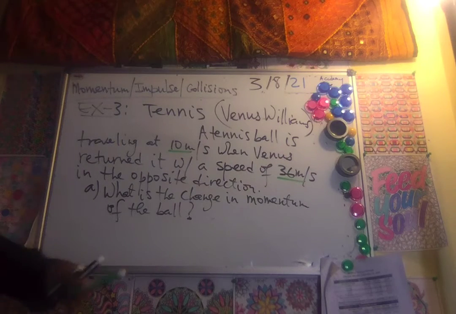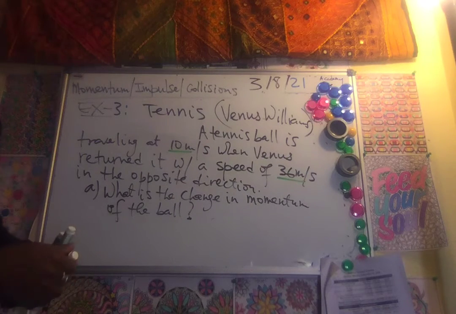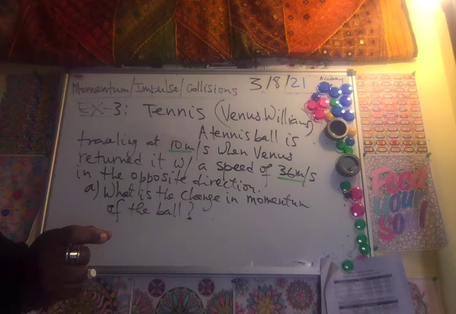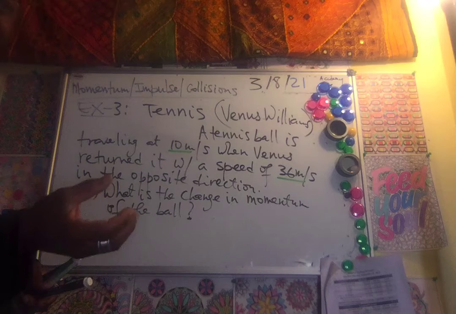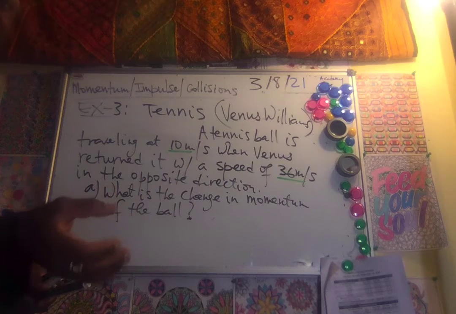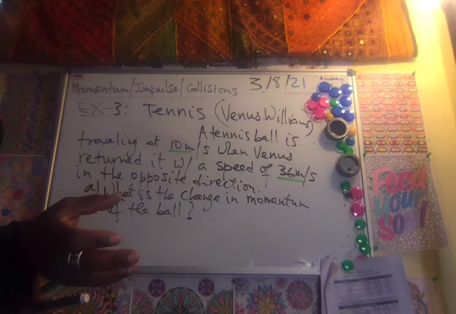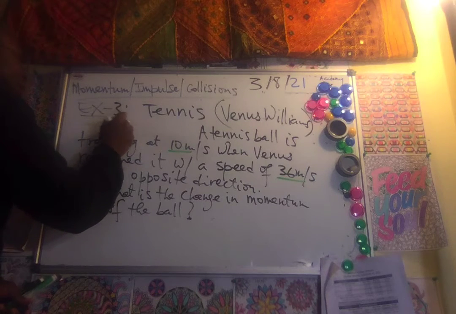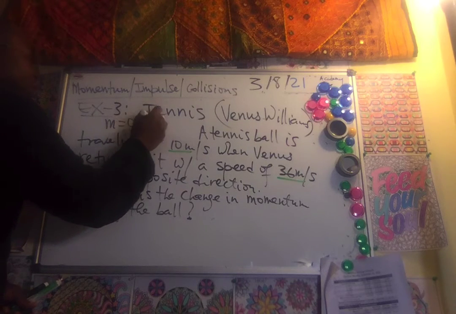Did I give the mass? You gotta give the mass. We said the golf ball was 0.04. Tennis is a little heavier, right? So let's say the mass is 0.06 kilogram.